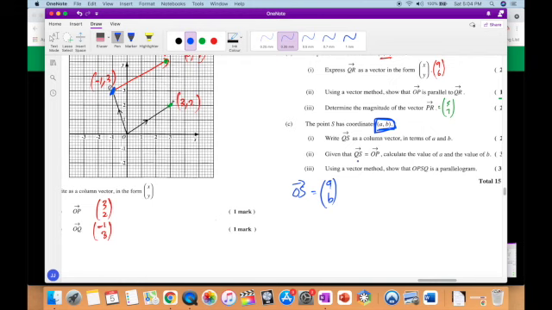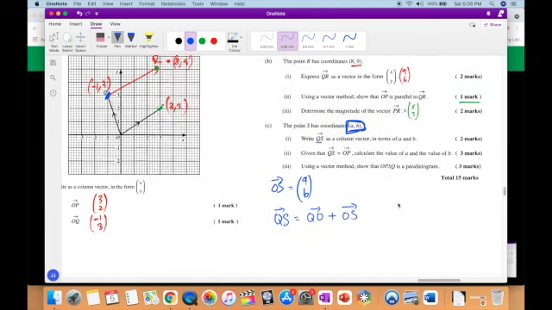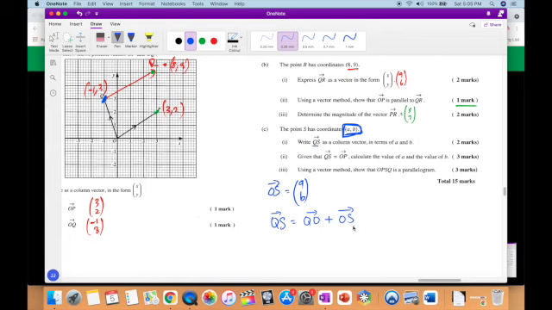So I could say QS as a column vector is QO plus OS. I found it. QS, right, is really QO plus OS. So QS is QO plus OS.